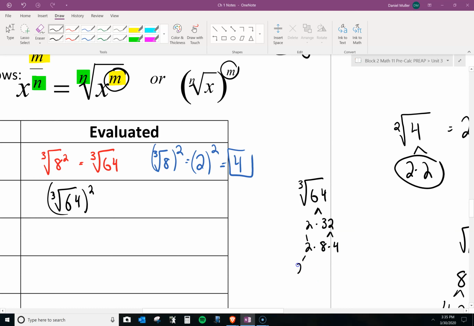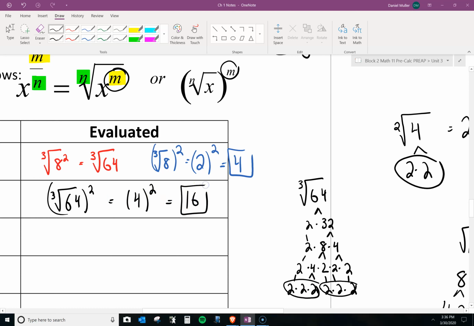Carry that down. 8 is 4 times 2. 4 is 2 times 2. This 4 is 2 times 2, and then carry all of these down. There's a lot of 2's here. Because it's a cube root, I'm getting them into groups of 3. So I've got a group of 2's and a group of 2's again. So 2 times 2 is 4. So the cube root of 64 is just 4. And then I could square that to get 16.